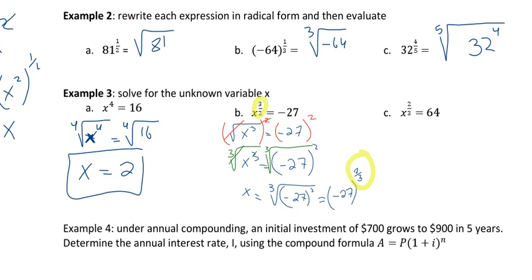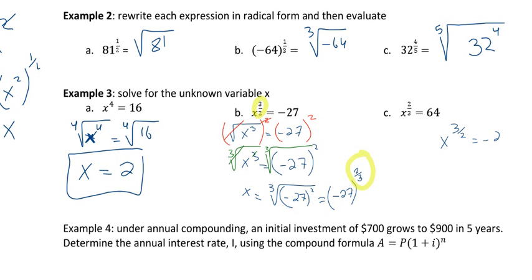It's a reciprocal, right? So if I know that my exponent is 3 over 2, to get rid of that exponent, all I have to do is raise both sides to the reciprocal of the exponent. Right? So technically, I could have done this in one step. I have x to the power of 3 over 2 equals negative 27.